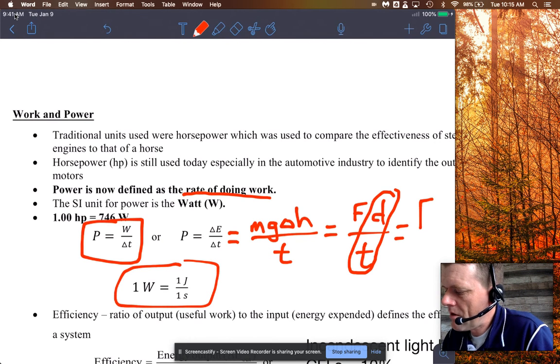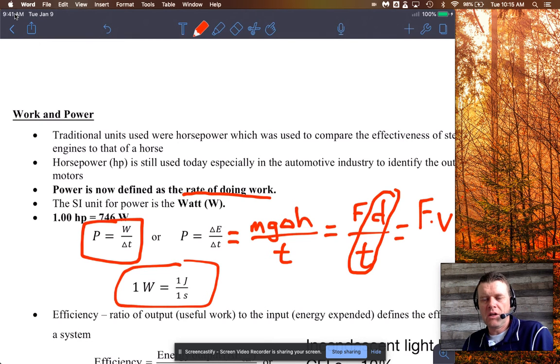So if you have a constant force and you have a constant speed or a constant velocity, you could calculate power by multiplying the force times the velocity. Okay, so it has to be a constant velocity. Obviously, if you're accelerating, then it's a little more complex, but we're not going to go that far. But based on this simple derivation, there are at least 3 variations to the power formula.